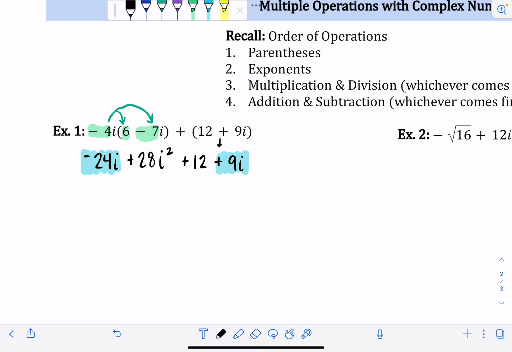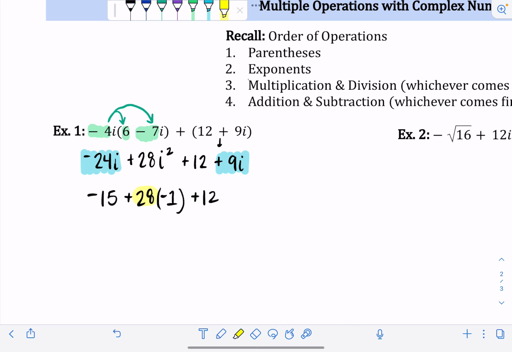I can combine those. So negative 24 plus 9 is negative 15. And then plus 28i squared, but I need to simplify the i squared. I know that that's the same thing as negative 1, so I'm just going to replace i squared with negative 1. And then plus 12.